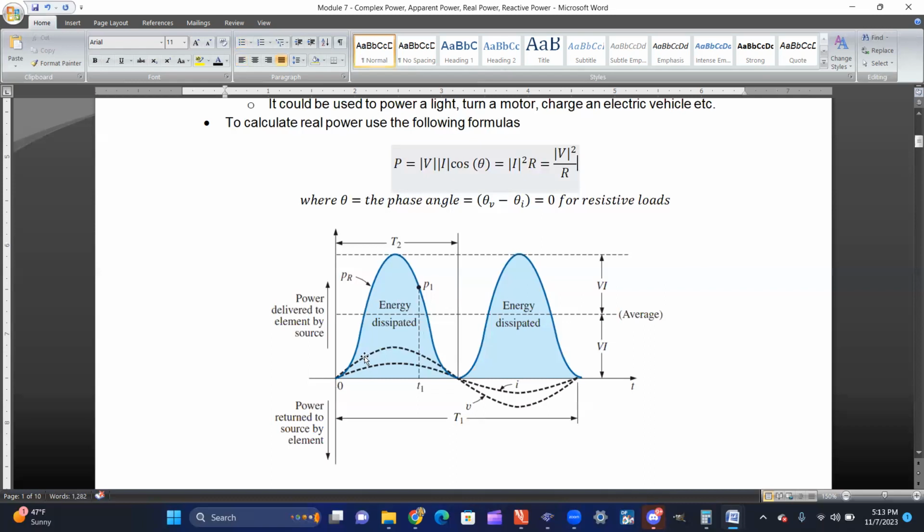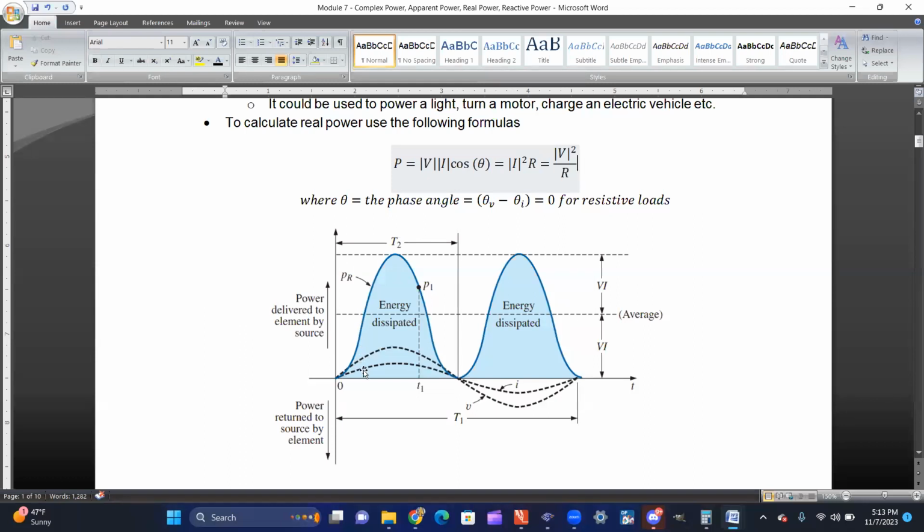And so if you take the instantaneous power, you just take a snapshot. Let's say, for example, you take a snapshot right here, and you multiply the current times the voltage, you'll get this value right here as it relates to the power.